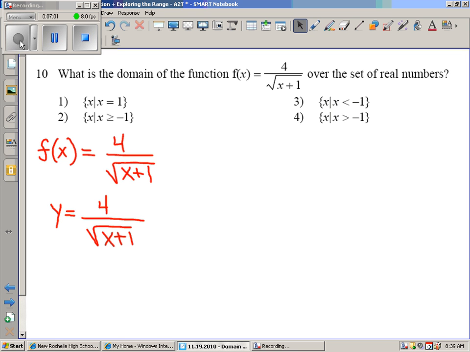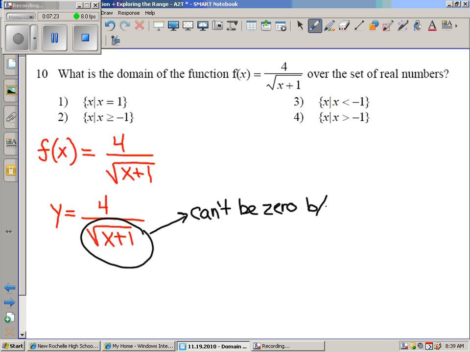Now, I wrote this in the notes yesterday, but I want to try and change the way that we talk about it. It's a fraction you've got. So what can't the denominator be? The denominator, this in the bottom, can't be 0 because of the fraction.